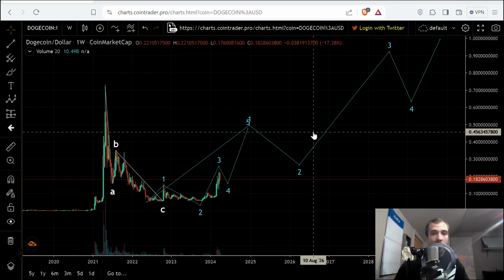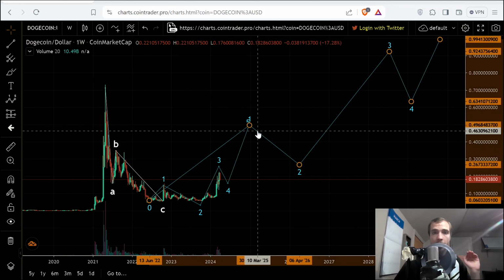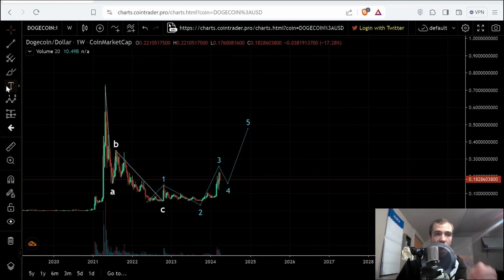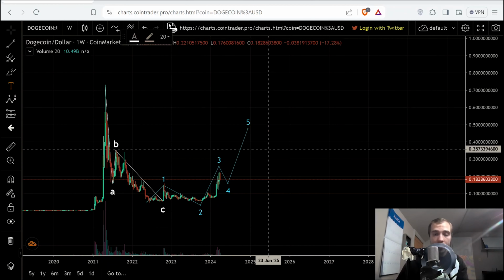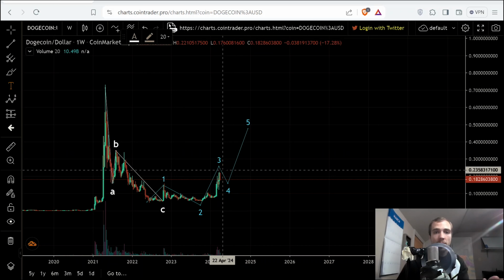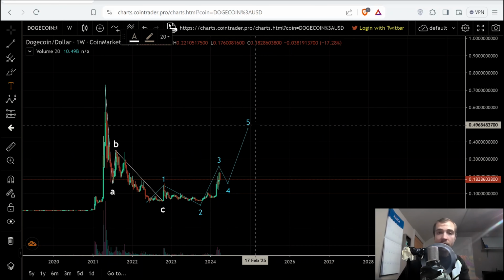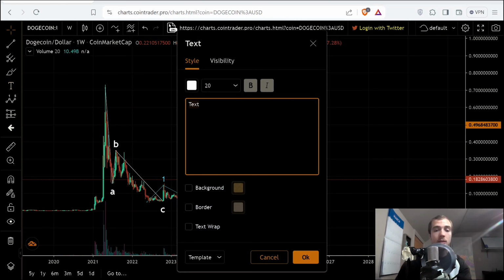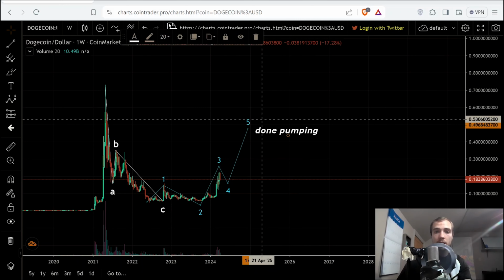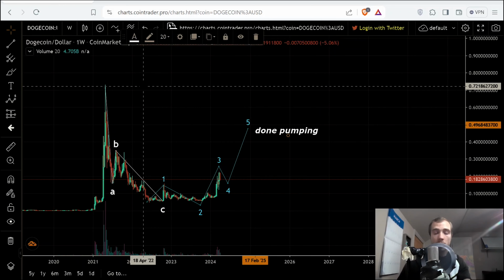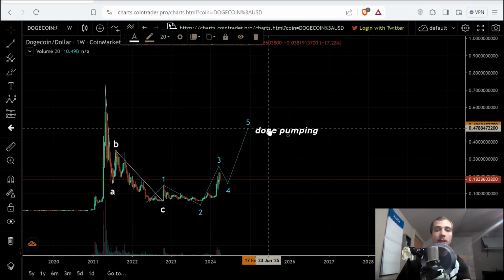I just don't want you guys to get all confused thinking that, if you understand Elliott waves, you know that after a 5-wave you get a correction. So I don't want you guys to see Dogecoin going up to 50 cents and then get confused that just because we're in wave 5, that somehow Dogecoin is done pumping. Because I personally expect Dogecoin to go over its all-time high in value as it builds momentum.